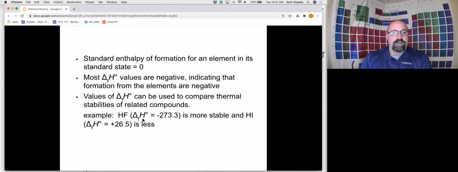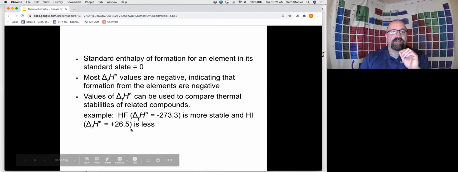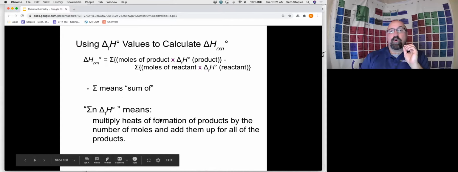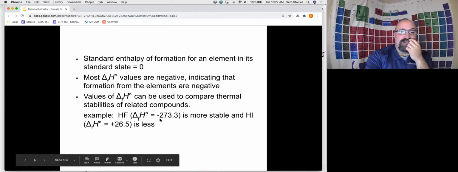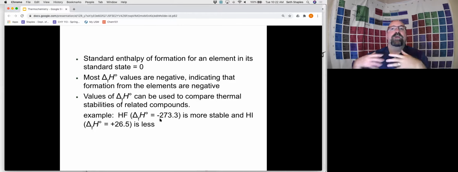For instance, the formation of HF releases energy, but the formation of HI actually takes energy, which is fairly uncommon. So whichever compound is more negative is going to be the more stable compound. The releasing of more energy leads to more stability for a compound.